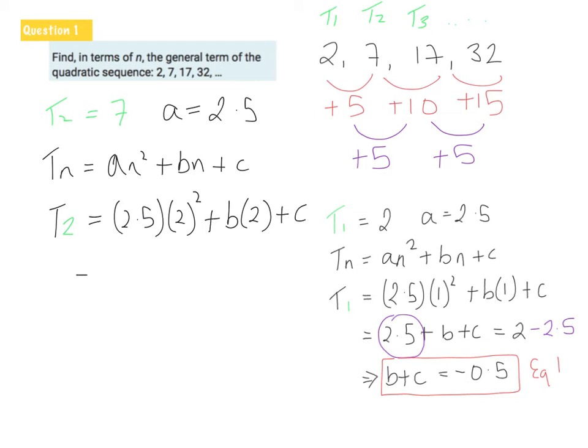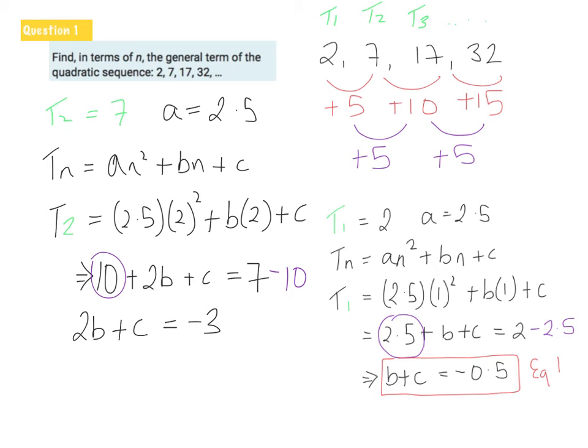Now when we simplify that down, we get 10 plus 2b plus c, and we know that's equal to 7, because my second term is 7. So again, I have to subtract my 10. That leaves me with 2b plus c equal to minus 3. And that's my second equation, equation 2. And this is where we're going to look into solving them simultaneously.